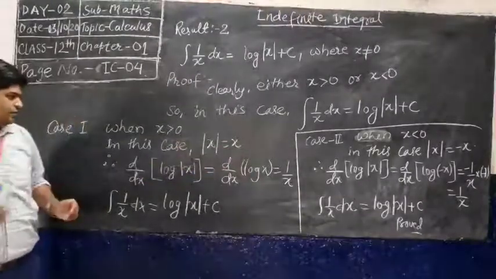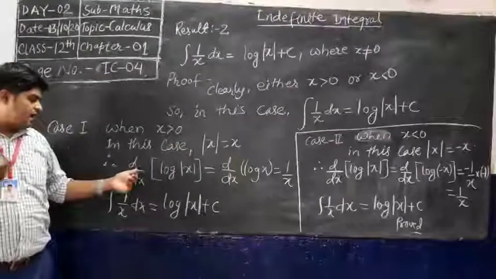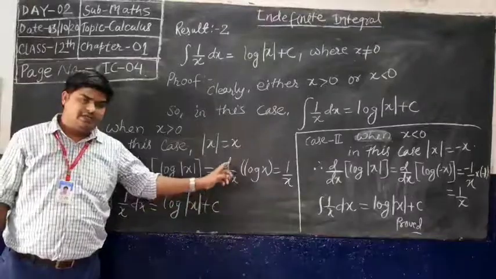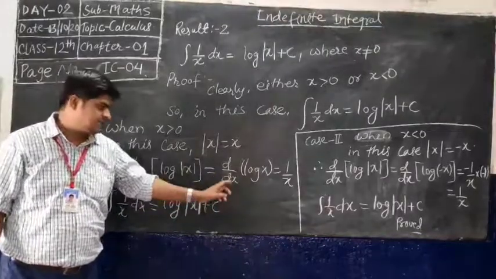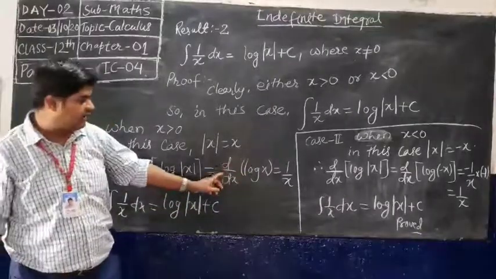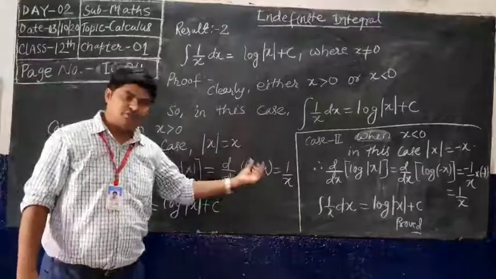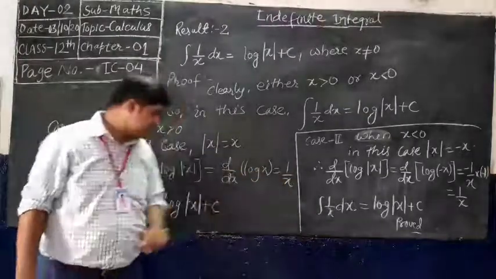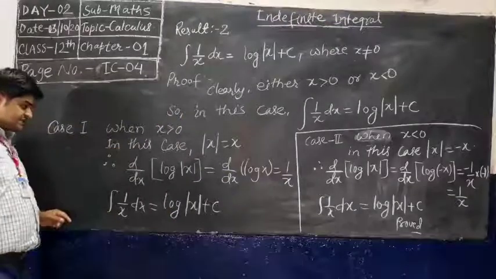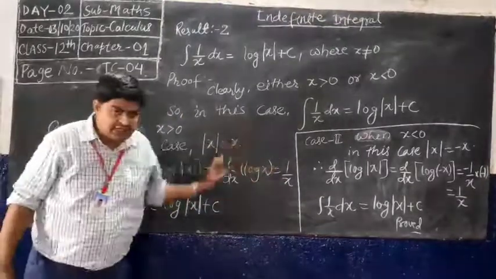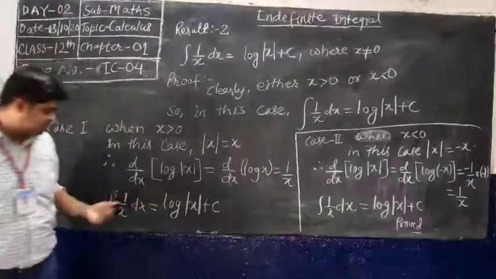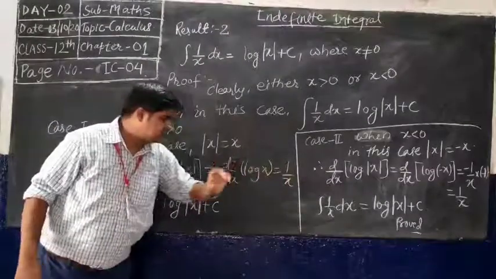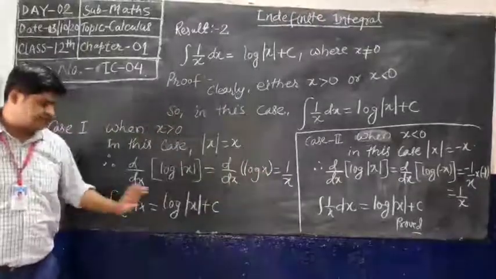You know that the derivative d by dx of log x, or log mod x, is equal to 1 by x. So we can say that the antiderivative of this, that is integration of 1 by x dx, is equal to log x.